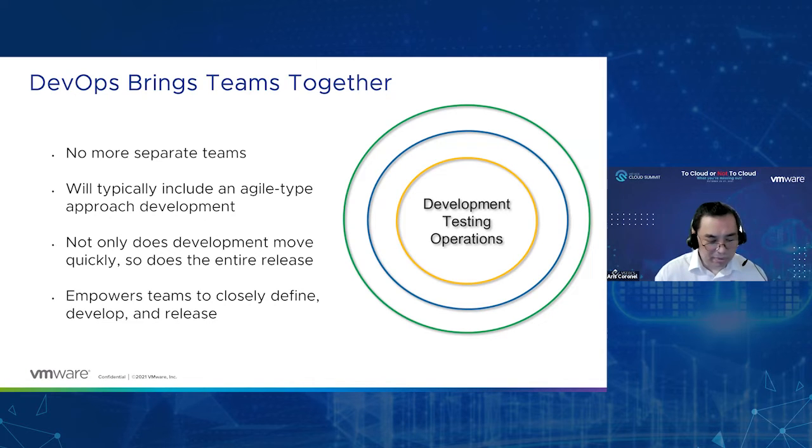Now, with Agile, development can move quickly along with the entire release. So yung things like deployments, patching, testing, the whole process moves much faster. The DevOps methodology empowers teams to closely define, develop and release applications.